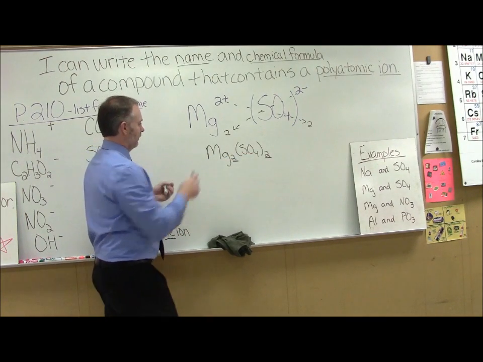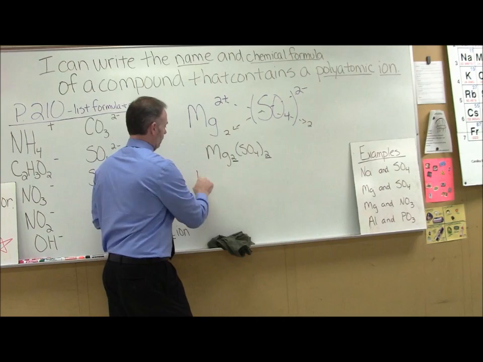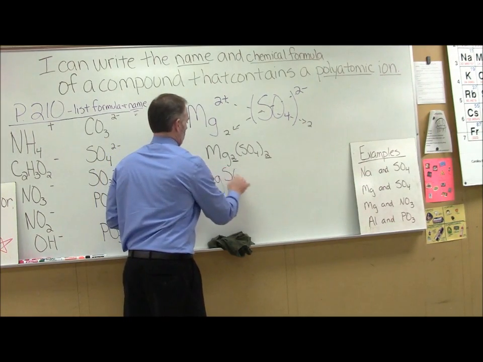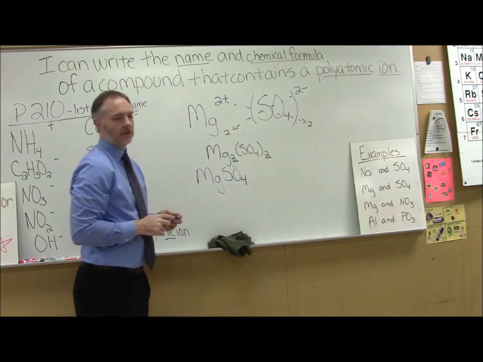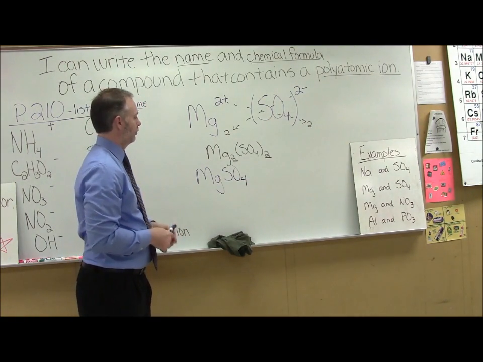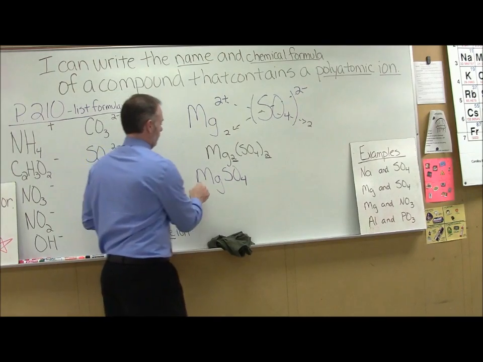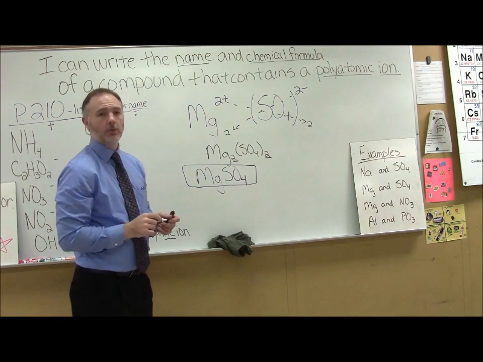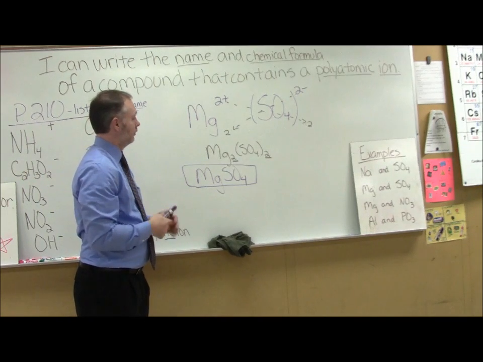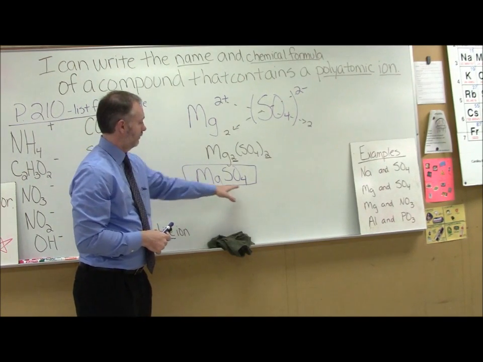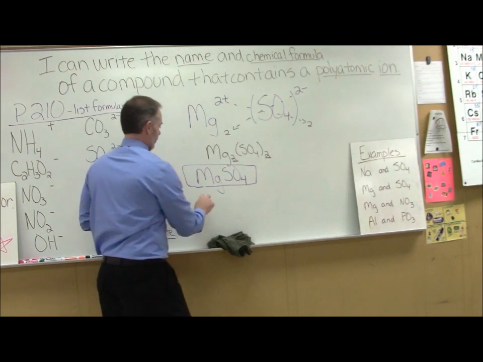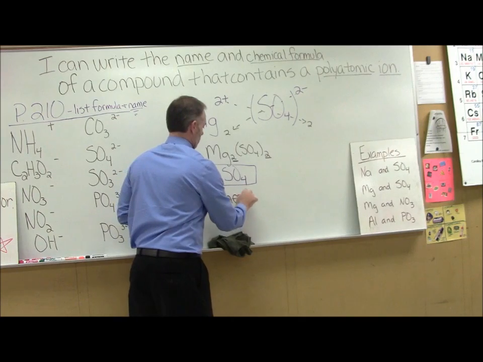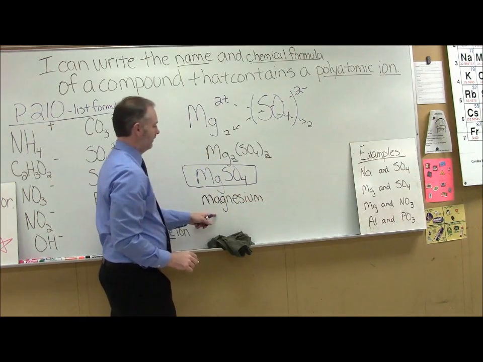So the way you would write this by reducing it is MgSO4, because when there's one SO4, we're not going to put parentheses. So that right there is the chemical formula. And then the name is the name of the cation followed by the name of the anion: magnesium sulfate.